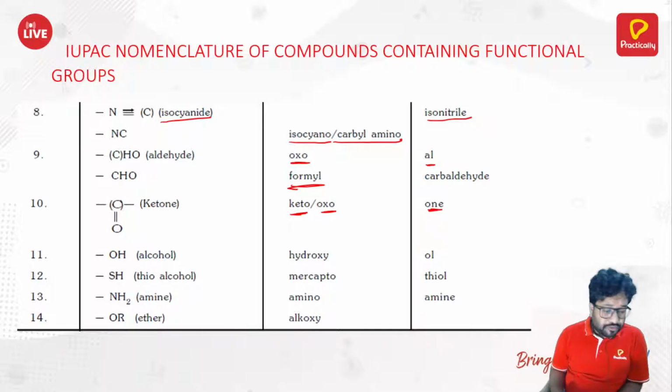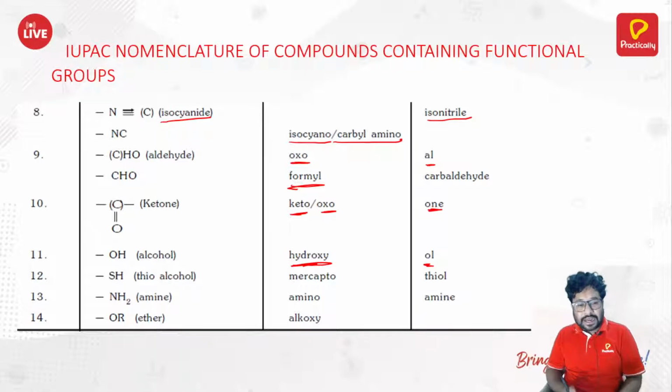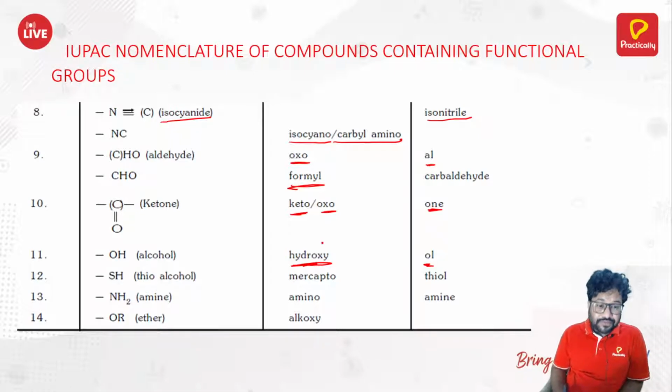Lastly, alcohol. For alcohol, you add alkanol, butanol, right? That's a suffix. What is the prefix? Obviously hydroxy. When it's SH, it's a mercapto. If it's a main functional group, it will be called thiol.